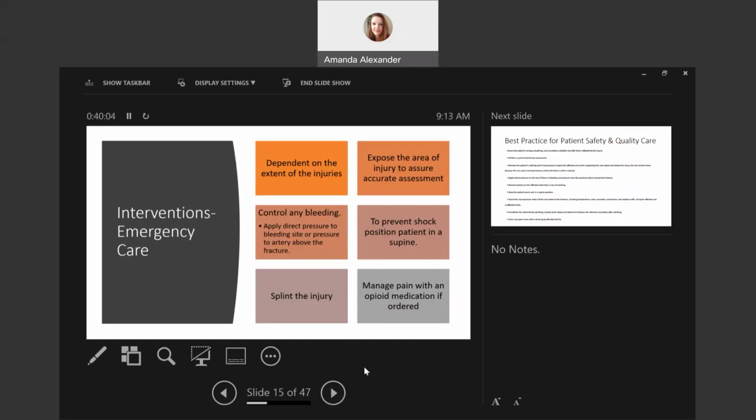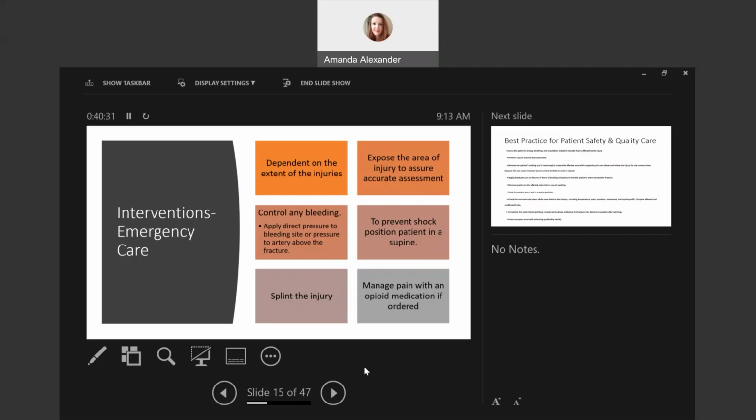We're going to expose the area of the injury to assure accurate assessment. So what we're talking about right now is like our primary survey when we go in the room. We're looking at the patient. How are they responding? Are they crying and upset or in pain? We're going to look for the extremity. Which one is bothering? What's hurt? We're going to undress it. We're going to get it to where we can see the tissue, see if there's any damage, okay?